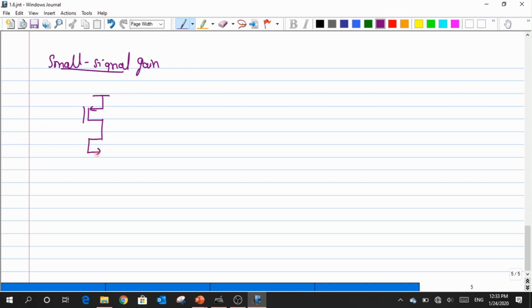You should be in a position to quickly tell. This is my M1 and M2. What is this gain? Gain is always the product of gm times Rout, right? So what is the gm of the circuit?